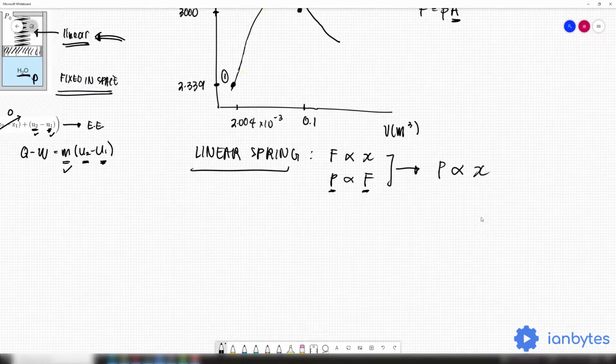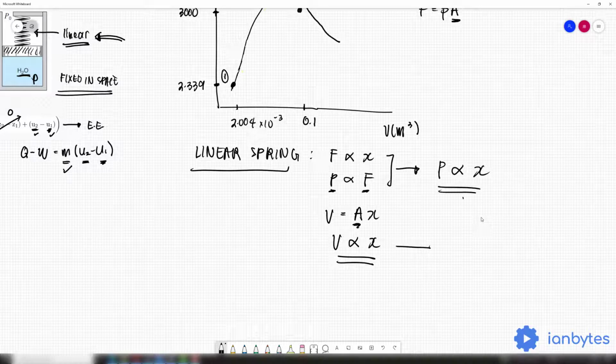Recall that volume is basically the cross-sectional area multiplied by the displacement x, right? Whereas A is a constant, so we can say that the volume is directly proportional with x, or rather, volume is linear with x. Now, this statement and this statement over here can be joined together, and we can say that from here, pressure is actually linear with volume.